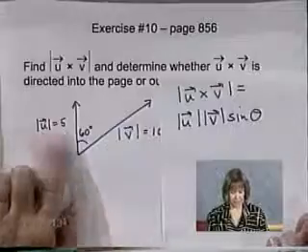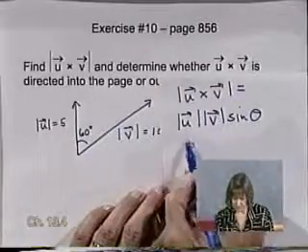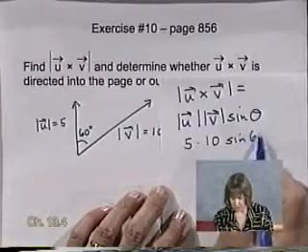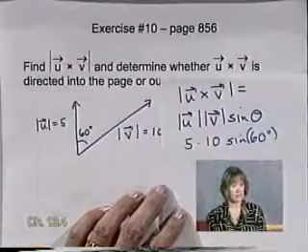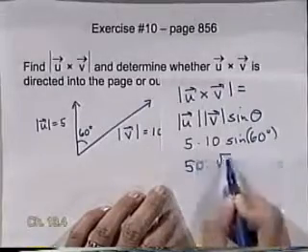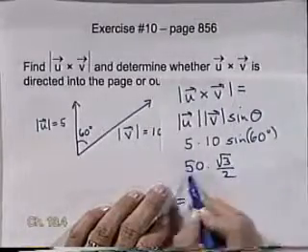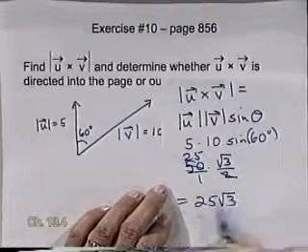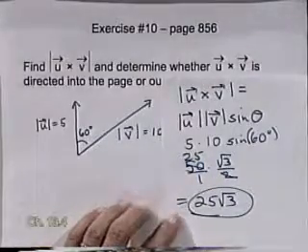So right here, the magnitude of U is 5, the magnitude of V was 10, and the angle is 60 degrees. Last time I looked, sine of 60 was root 3 over 2, so we have 50 times root 3 over 2, and I can cancel 2 into 50, goes 25 times. So the length of my vector is going to be 25 root 3.